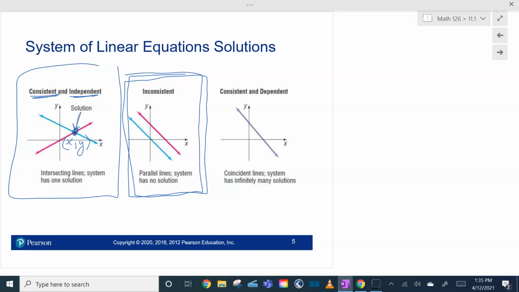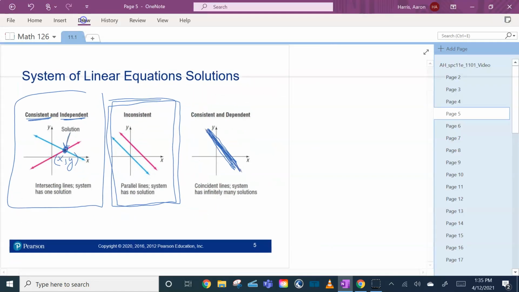The third situation is where we have coincident lines. In other words, the lines are right on top of each other. Here's the first line, and then the second line is right on top of it. It is the exact same equation. There it is in red. So you have an infinite amount of xy values.